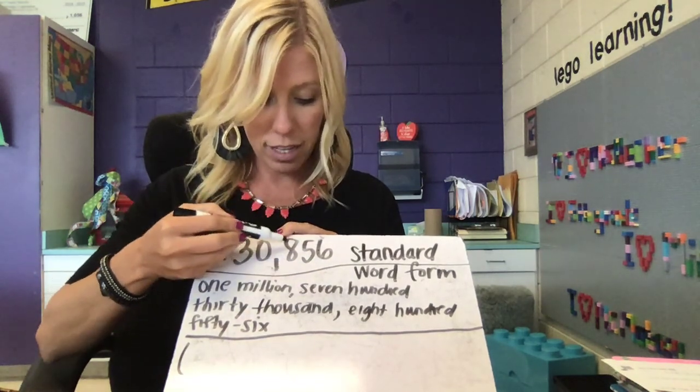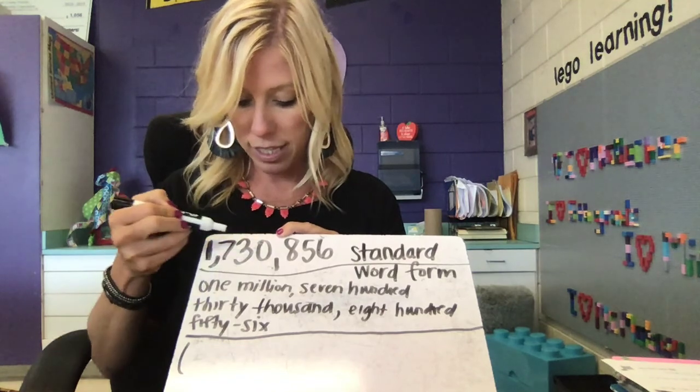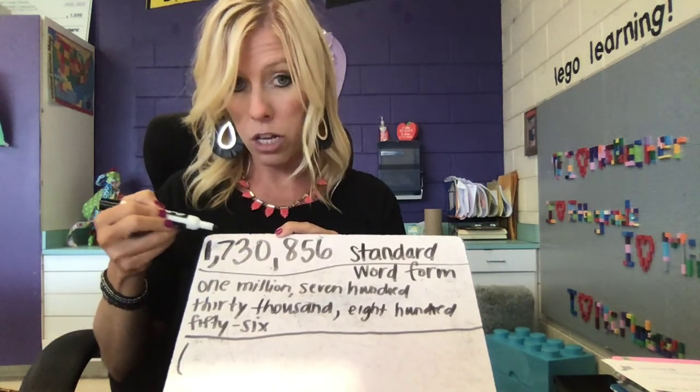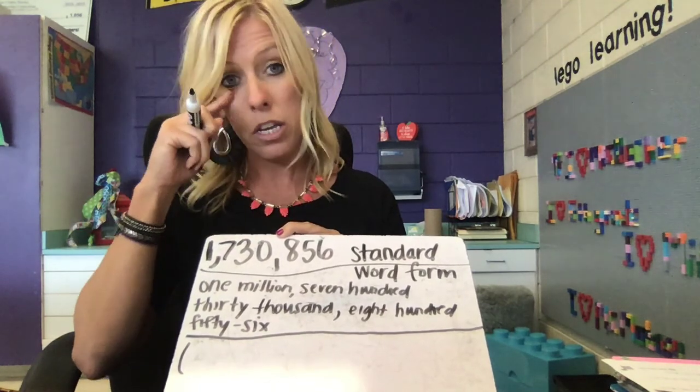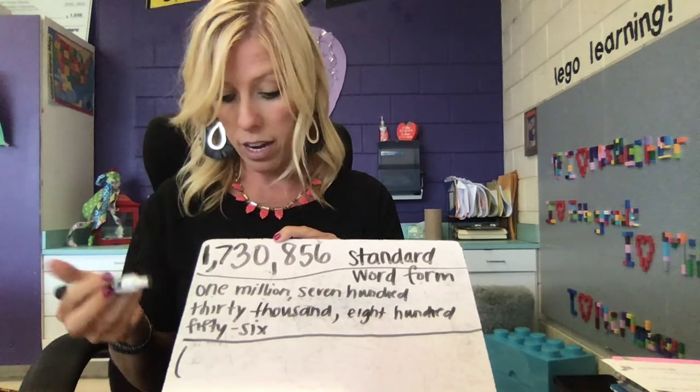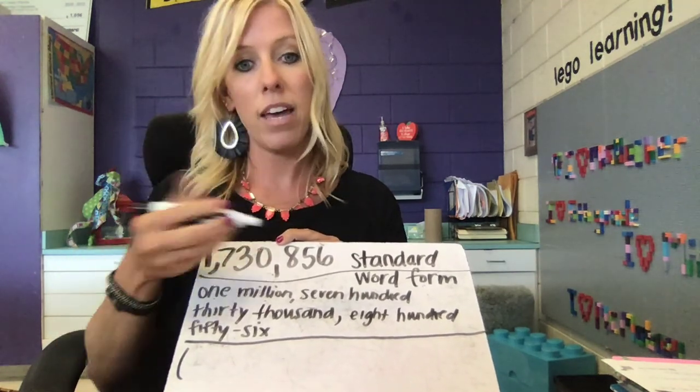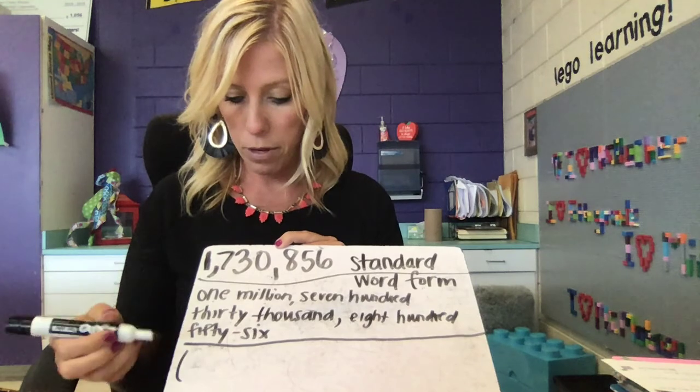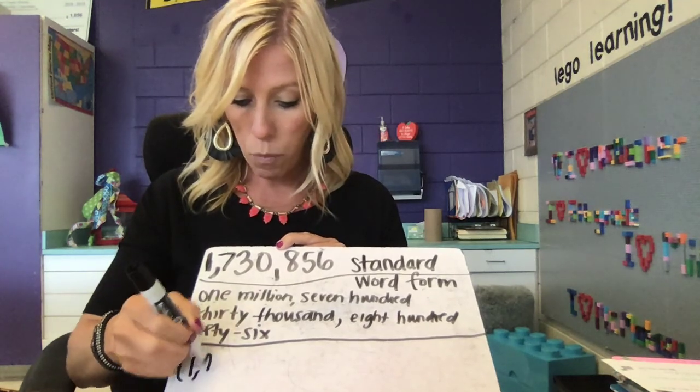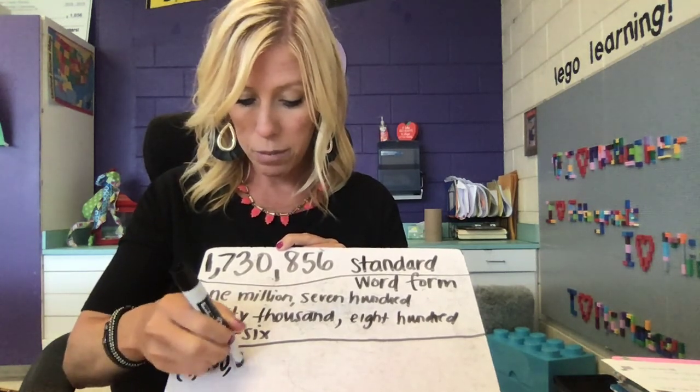Ones, tens, hundreds, thousands, 10,000s, 100,000s, millions. Use the paper that you were given the first week if you're still having a hard time remembering that. So that's in the 1 millions place.